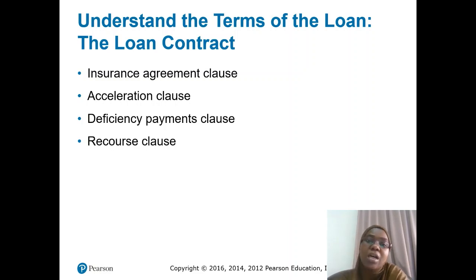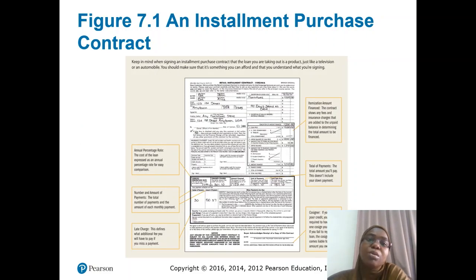So these are the terms of any loan that are very important. This is an example of an installment purchase contract. You have to really read the terms and conditions very well before signing any contract at all, be it a loan or any other type of contract.